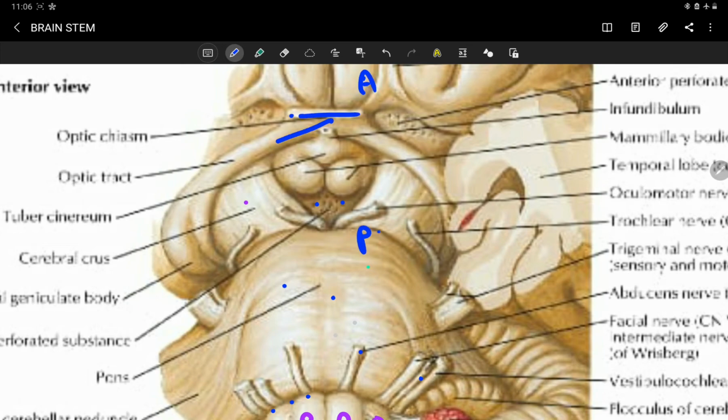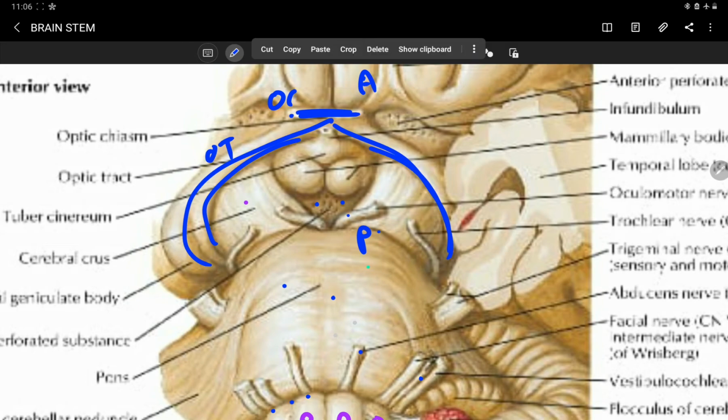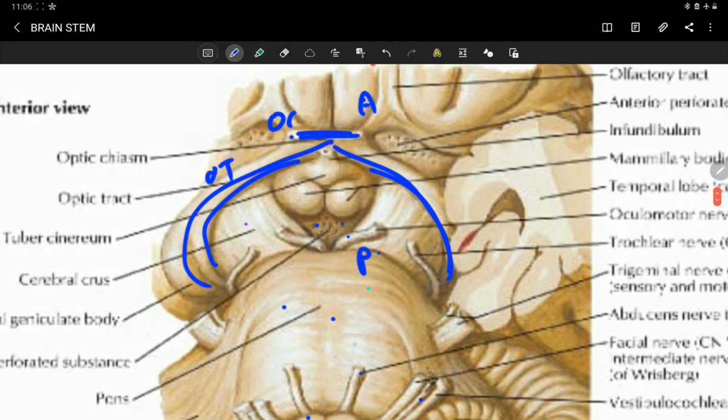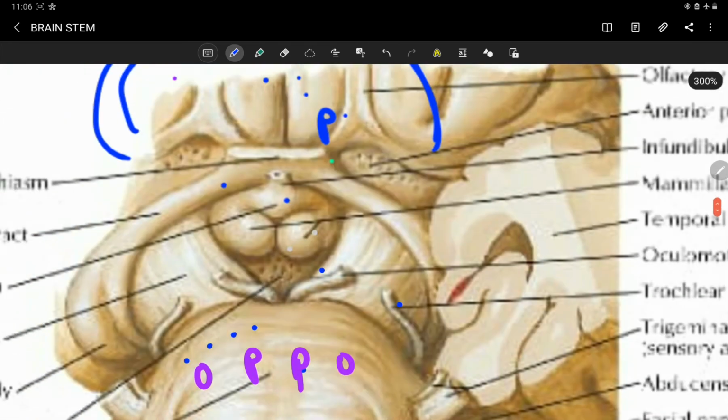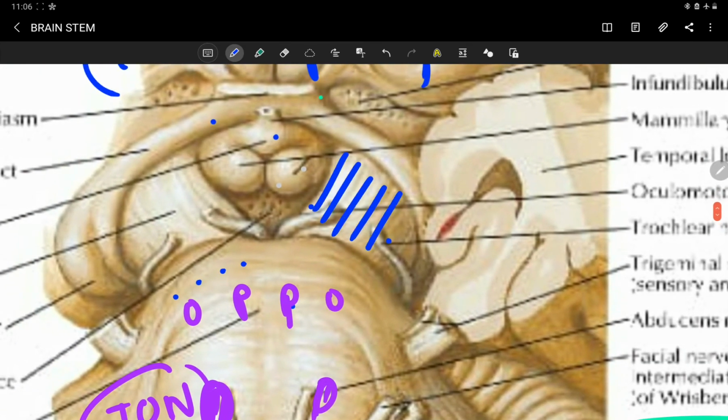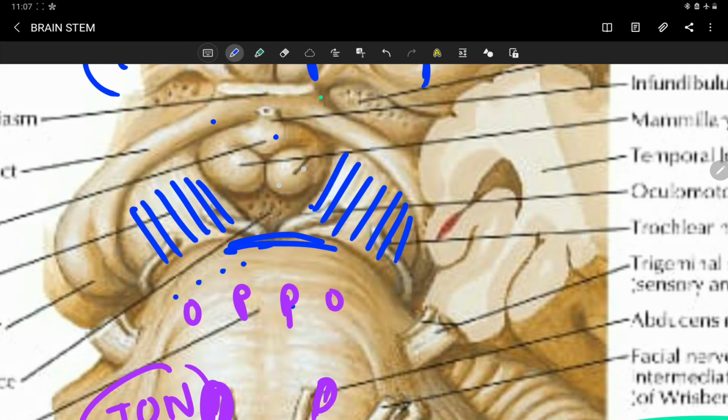The anterior boundary of the interpeduncular fossa is your optic chiasma, and the lateral boundary is the optic tract on both sides, and also this structure, the cerebral peduncle, laterally. The posterior structure is your pons varolii.